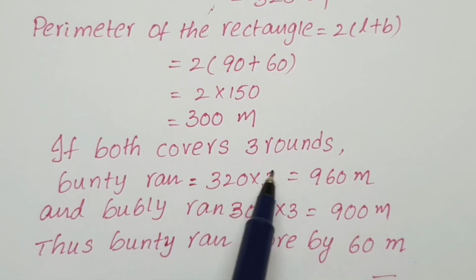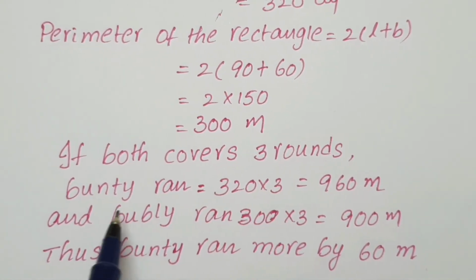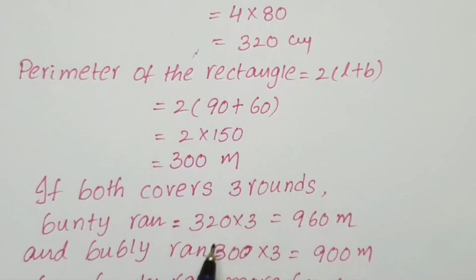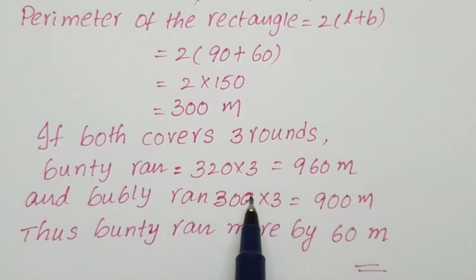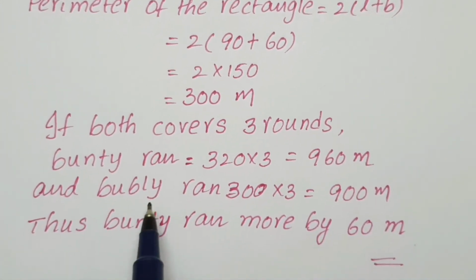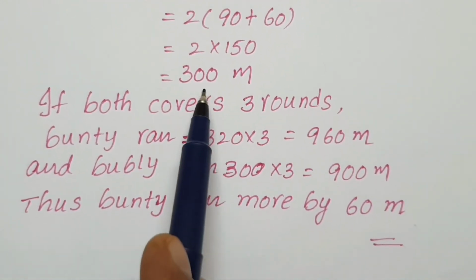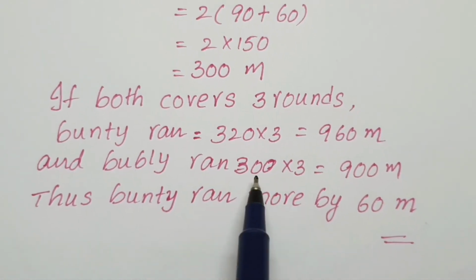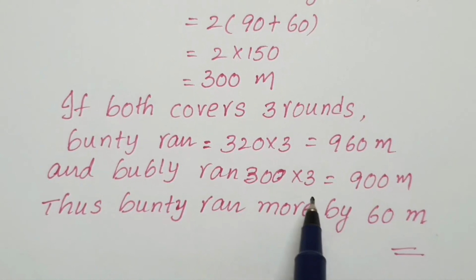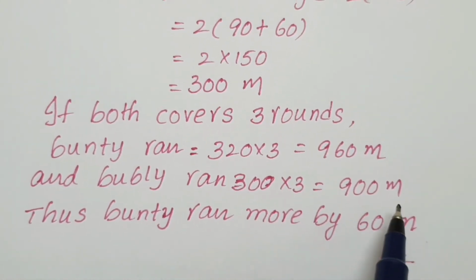Bunty ran 320 into 3 equal to 960 meters. Bubbly ran 300 into 3, 900 meters.